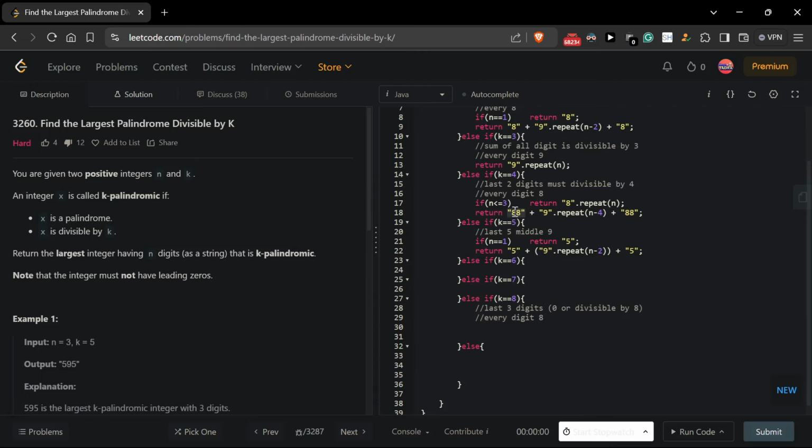Same as here, where the last two values are 8, here we have to fill the last three values with 8. If n is less than 6, we have to repeat 8 n times. So we have utilized 3 and 3, 6 numbers. So for n minus 6 we repeat 9 n minus 6 times.